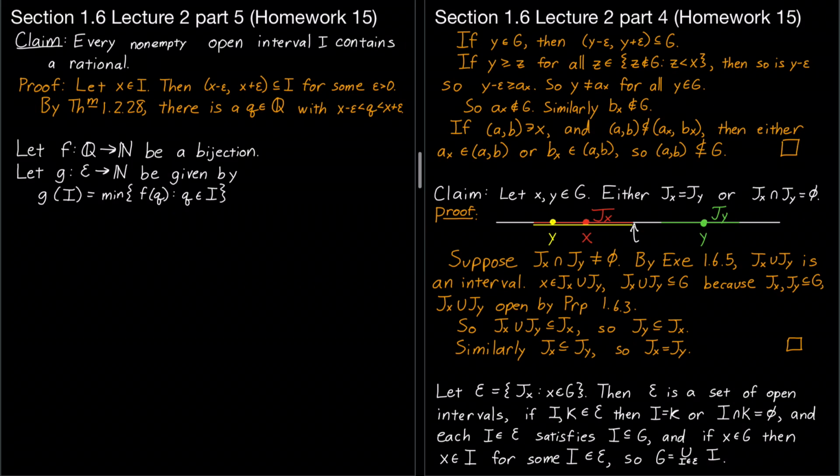So here is the picture. There's your number line. Here is your interval I, and then let's say our first rational is here, our second rational is here, then we've got q3, q4, fifth rational is here, sixth rational is here. Then the first one that wound up in I was 3.